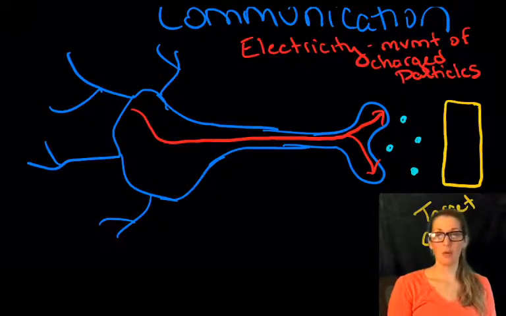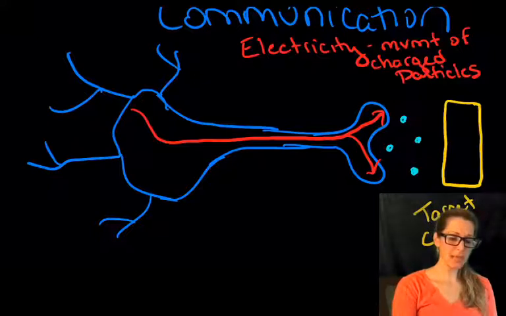So this target cell, whether it's a neuron or any kind of cell in the body, has to have something for any of this to matter. All of this, everything that we're talking about, isn't going to matter a single solitary lick if this target cell doesn't have what?